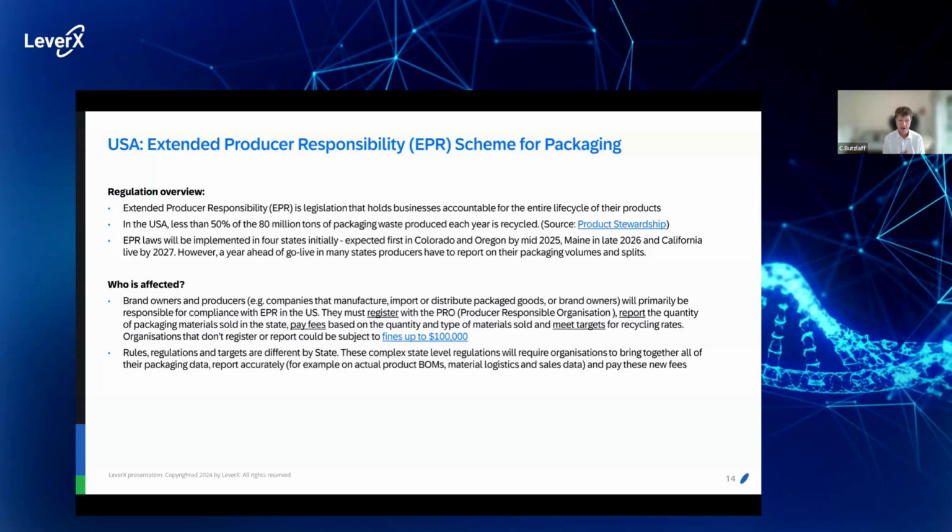Those regulations, unfortunately, are not all the same by state. They're complex. Every state has its own type of regulations. But it's really important to get full visibility into the actual data, the actual bill of material, the packaging composition, and the corresponding plastic and other materials in there, so that we are paying the right fees, that we are not overpaying, but that we also avoid paying any fines.